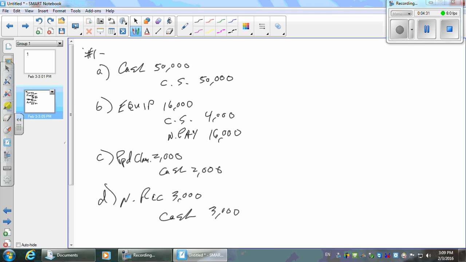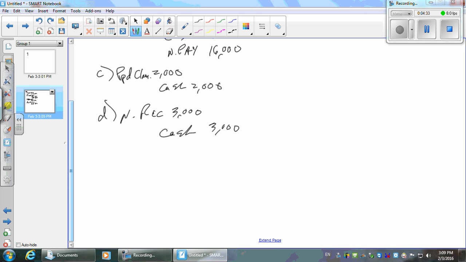Okay, that's D. Okay. Issued common stock to additional investors who contributed equipment valued at 15,000 in exchange for the stock of the company. So what did they get? Got the stock. Well, they issued the stock. So common stock. By the way, why am I crediting common stock?